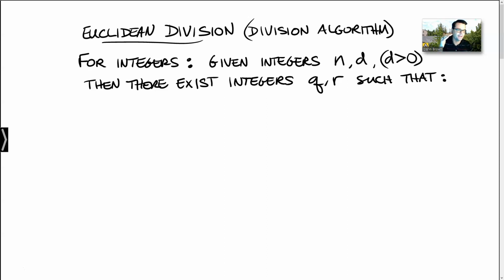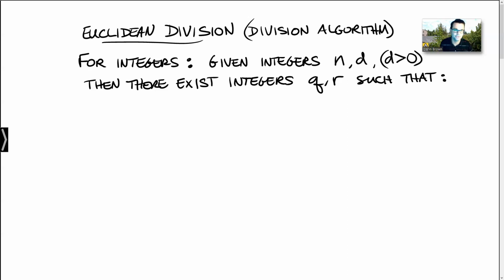N is the number you're dividing into, you can also think of it as a numerator. If you think of the division as a quotient, this is the numerator. D is the denominator. It's also the divisor, the number that's dividing into the number. And Q and R are for quotient and remainder. So this says when you divide one number D into another number N, you get a quotient Q and a remainder R. But they have to satisfy certain conditions.